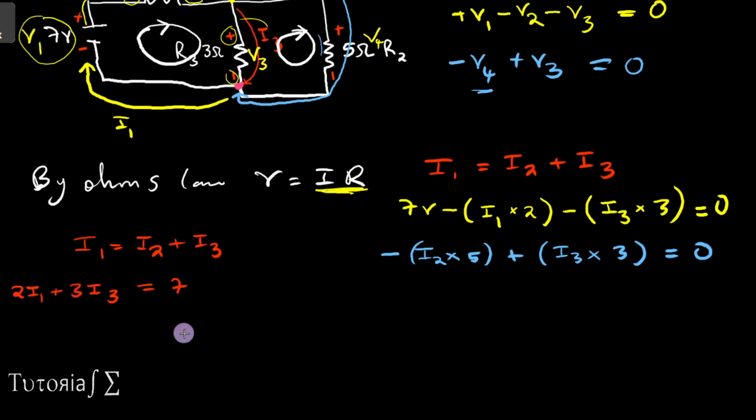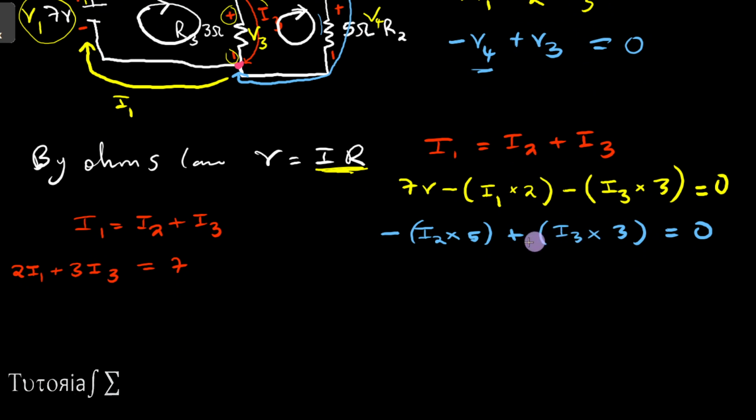Okay, then for this part, we have negative 5I2, which is this part, plus 3I3 equal to 0. Now, what we just have to do here is solve these equations simultaneously. We can even start with this part. We make I2 subject of the formula here.